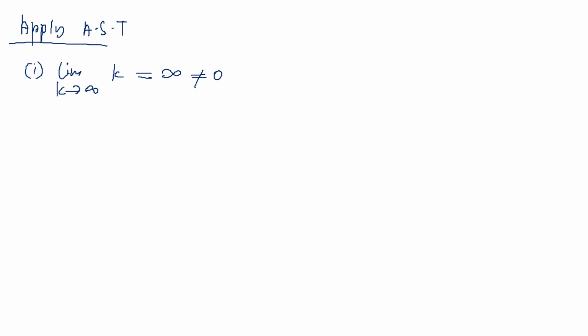So condition 1 is not satisfied, condition 1 fails. As condition 1 fails, you no need to do the second condition. So you have to write some conclusion here for the AST test.